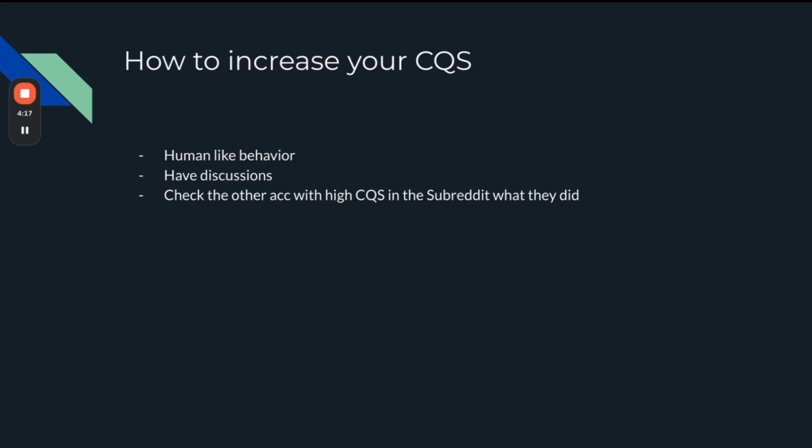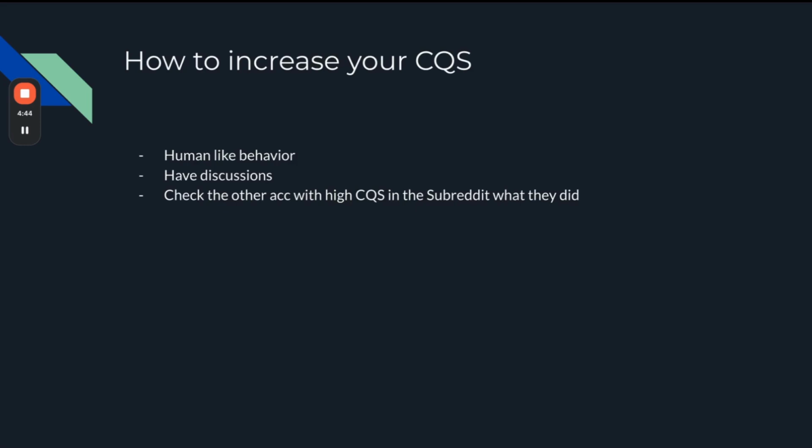And now how can you find out, besides the points I mentioned, what human-like behavior is? Because we're looking at all this from an agency perspective. We're not looking at all this from a user perspective. This is why I would ask you to check the accounts that post in the CQS subreddit and have a high to highest trust score, because those are the accounts that do something right compared to us.